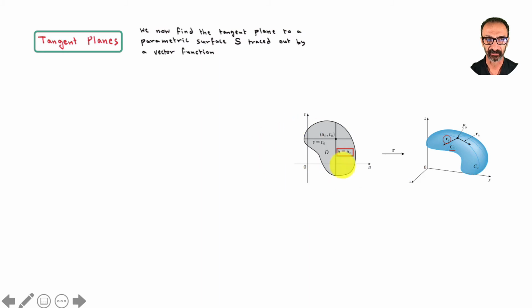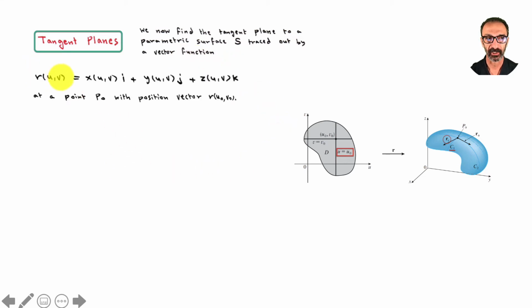Now we have a parametric model. We have u and v going to x, y, and z. We now find the tangent plane to a parametric surface S traced out by the vector function r of u and v equals x of u and v i plus y of u and v j plus z of u and v k, at the point p sub 0.